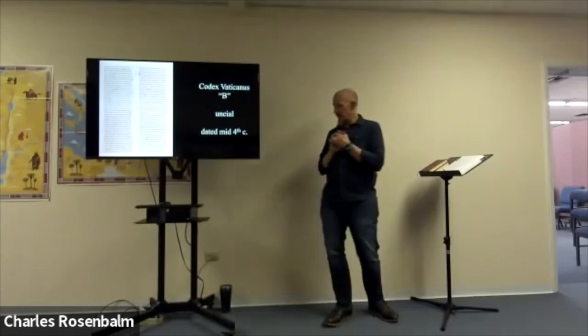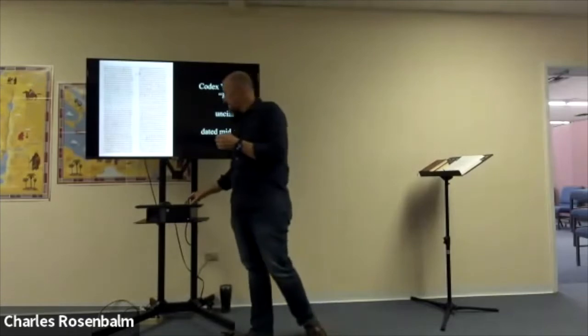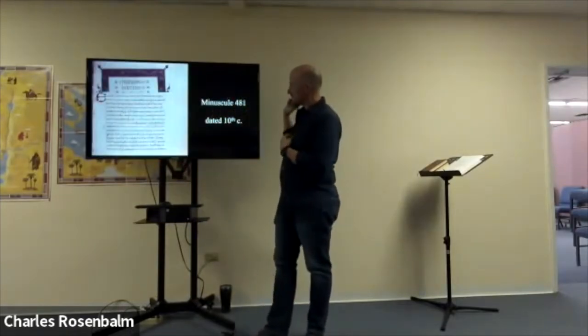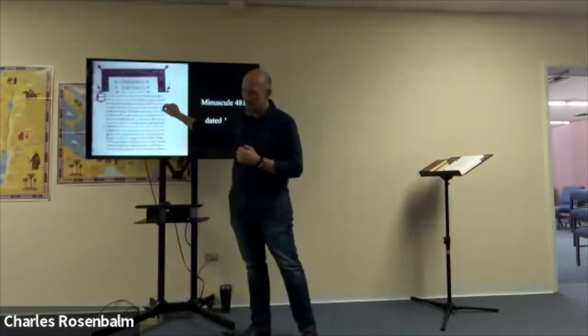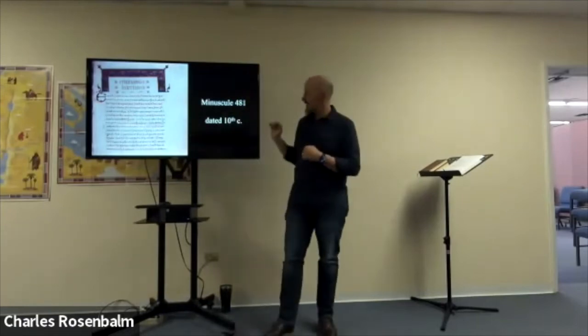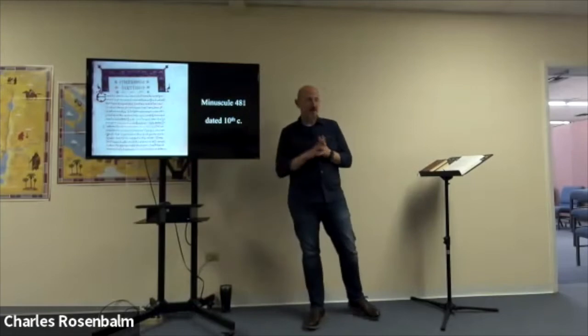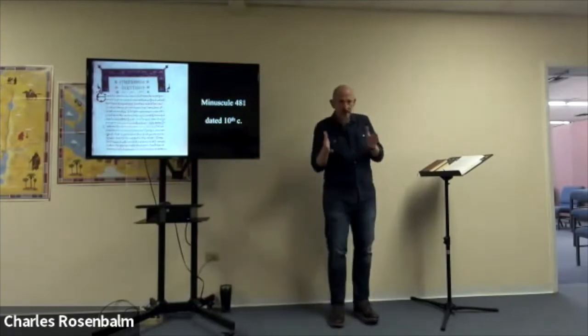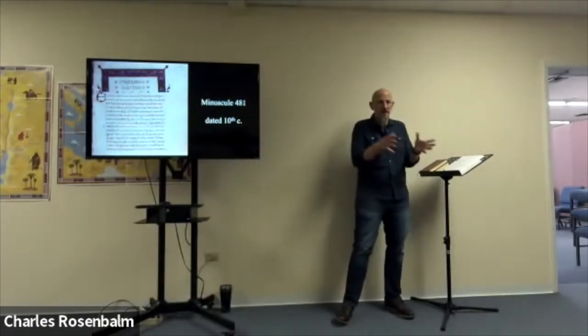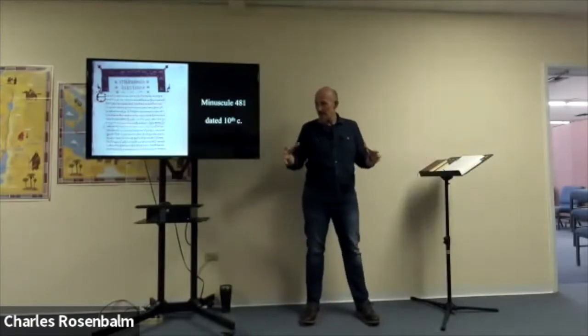Let's see. There we go. The next category of texts are called minuscules, and that's because we go to small letters. These are a little bit later. This one is minuscule 481. It's dated to about the 10th century, so you see the progression. Papyrus, the first 300 or 400 years, and then 400 or 500 years where uncial manuscripts are kind of grouped together.